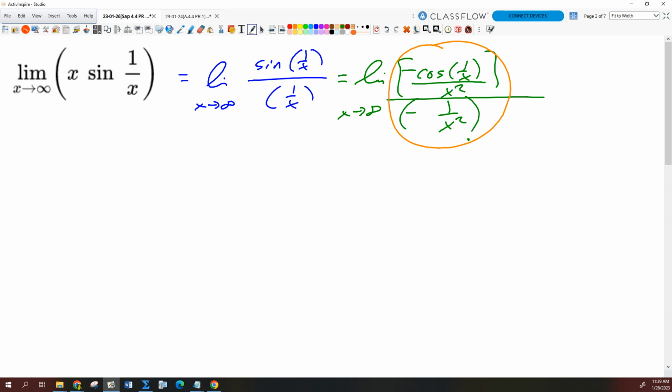Yeah, look, the x squareds are going to cancel when I flip and multiply. And what we said yesterday, because I have a single fraction on top and a single fraction on the bottom, if the denominators cancel, I can just skip that step. Negative over negative is positive, and I get cosine of 1 over x is all I'm left with.